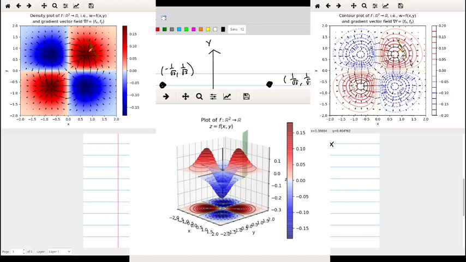If you find points where the gradient vector is moving away in every region around the point, that's a local minimum. If you find a point where the gradient vector is pointing in towards the point for all points around the critical point, that's a local maximum. And a saddle point is when you have regions where the gradient vector is pointing into the point, but other regions around the point where it's pointing away from the point.